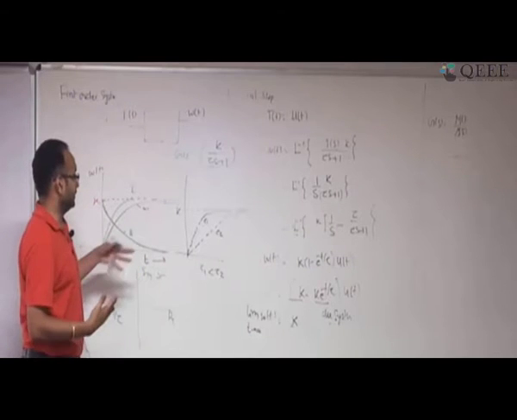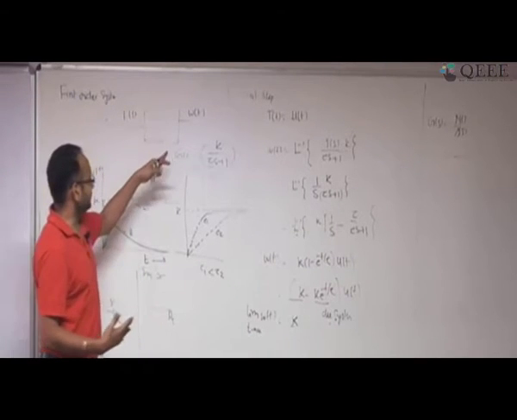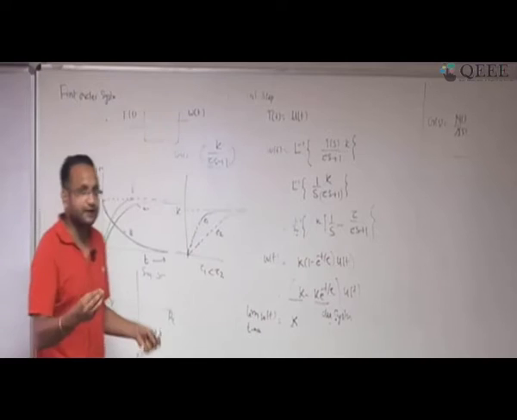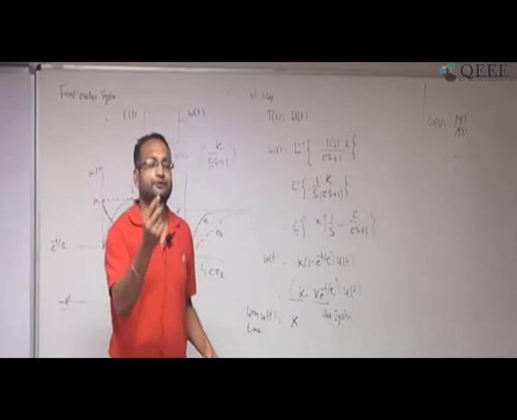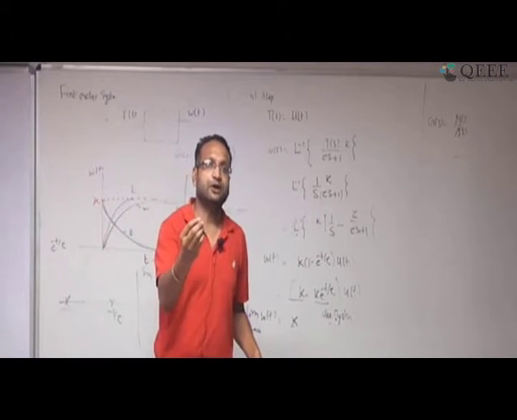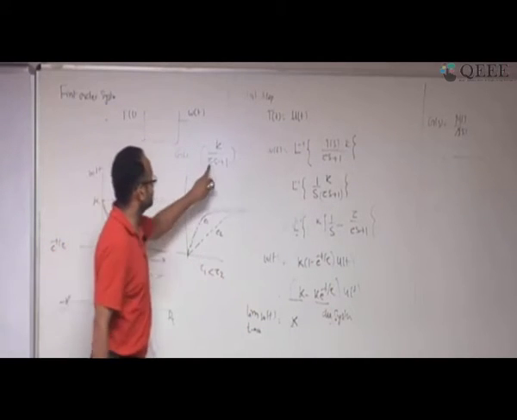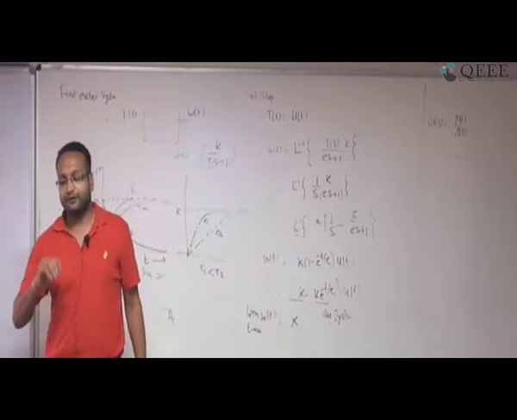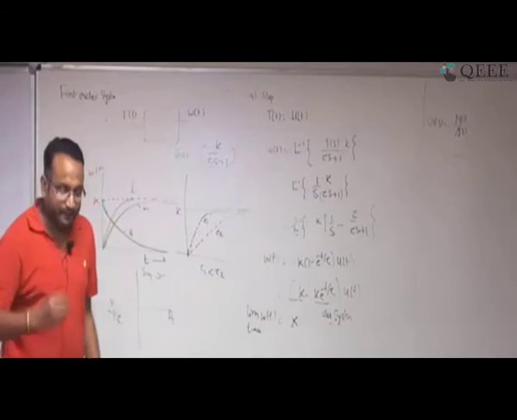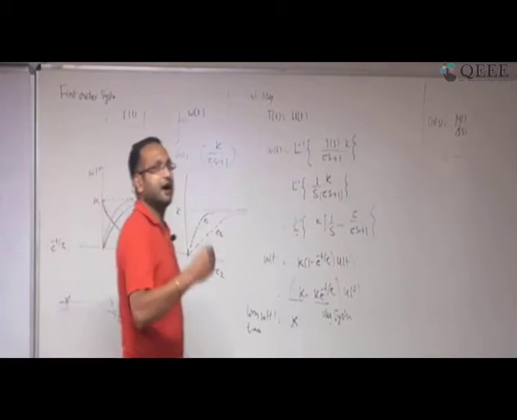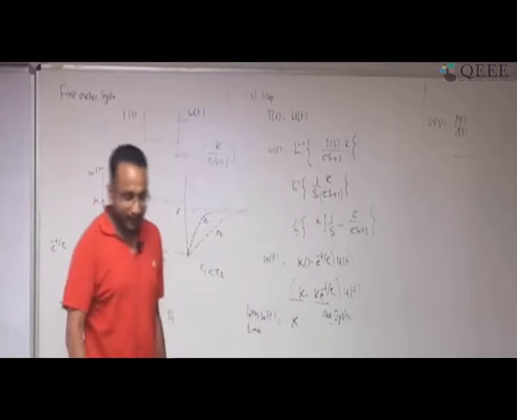What are the properties, the personality, of the first order system? There are two terms, k and tau. K is the steady state value, the system gain we talk about, and tau refers to the time constant. It is the parameter which will tell you whether the system is fast or slow. Okay, fine.